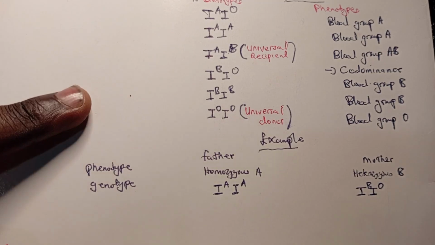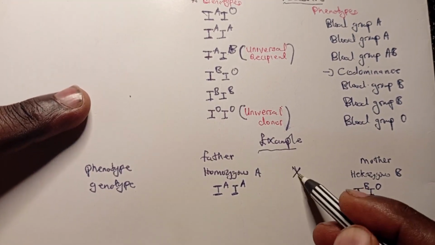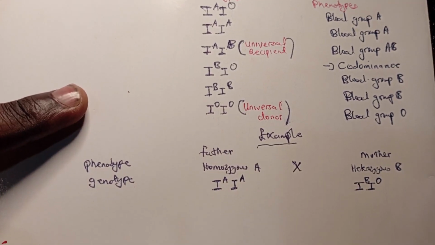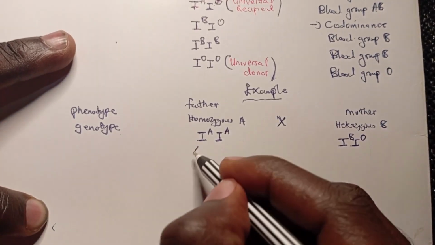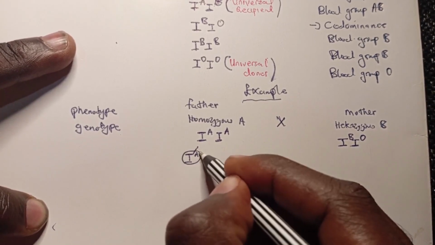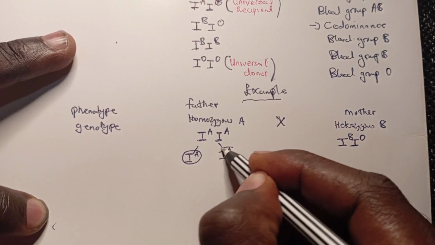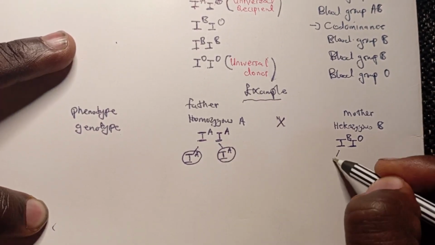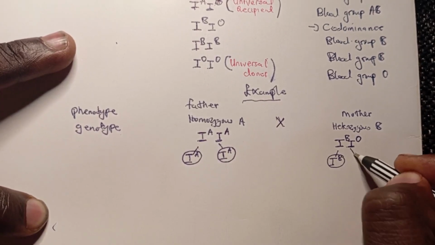Then when we make a cross, you want to see the possible outcomes of the children from these two parents. These will eventually separate at meiosis. Meiosis is just cell division.